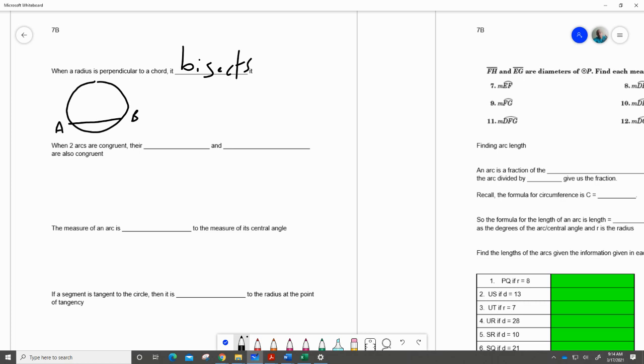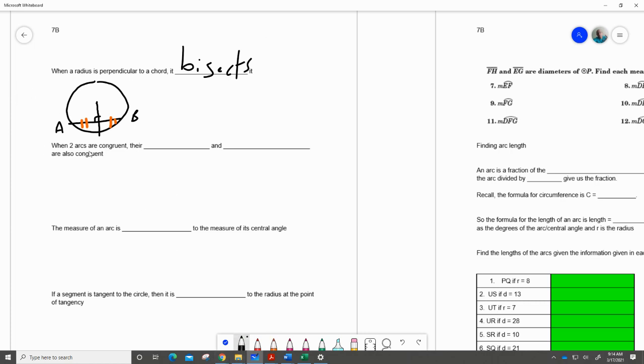Now, if we have a radius that's perpendicular to it, it'll cut AB into two congruent pieces right there, okay? And we'll prove that a little bit more when we get to GeoGebra here. I wanted to put these definitions here right now.